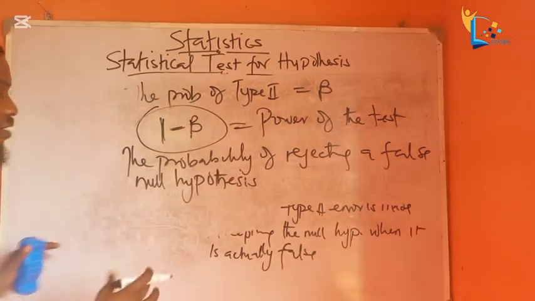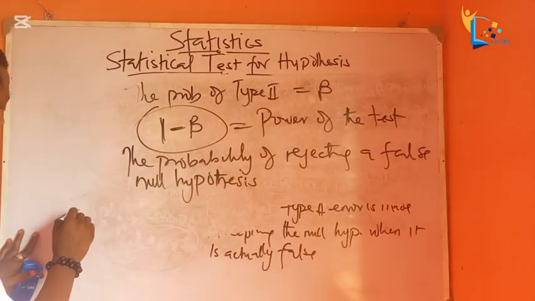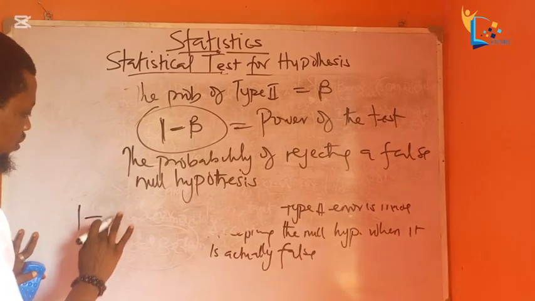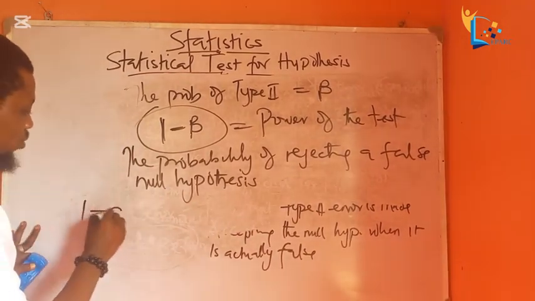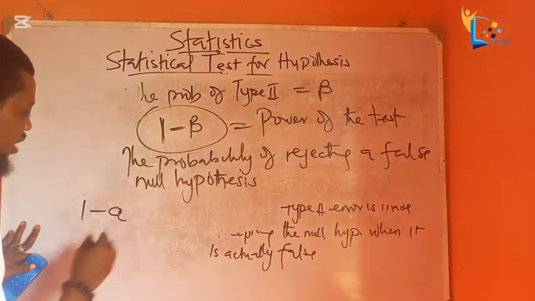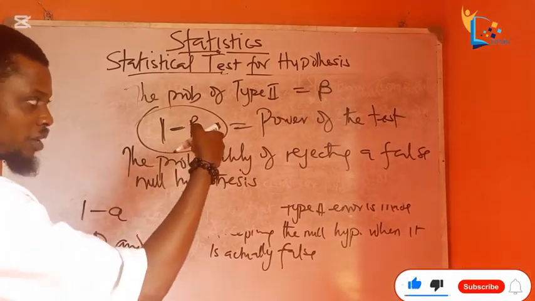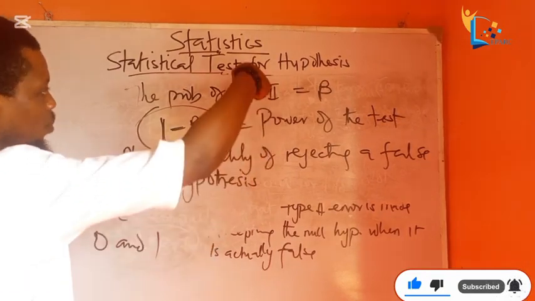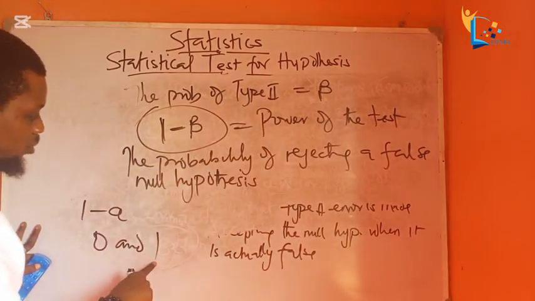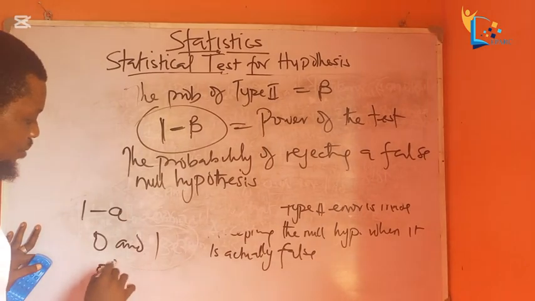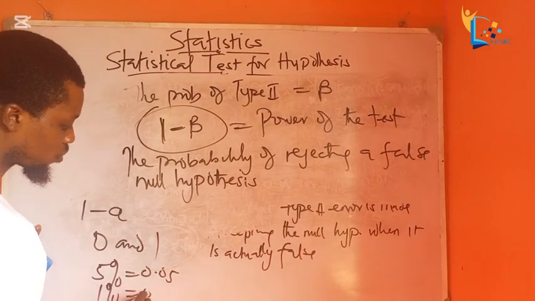Same thing with level of significance, because we're talking about probability here. The probability of the type 1 error lies between 0 and 1, since it's a probability, as we mentioned earlier. That's why we have 5%, which is equal to 0.05, and 1%, which is equal to 0.01.